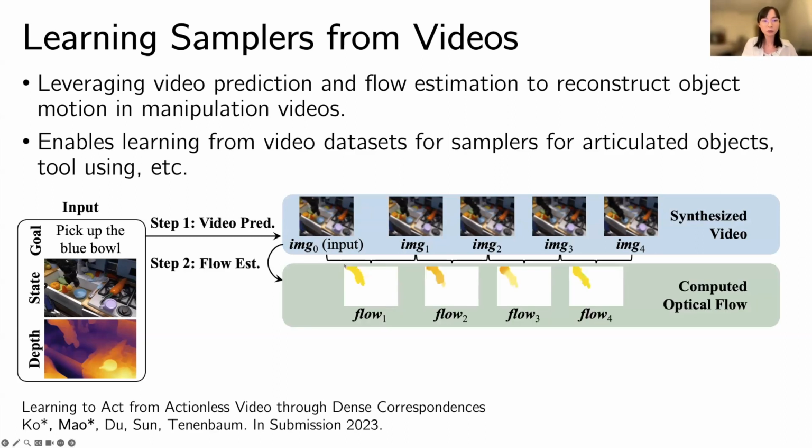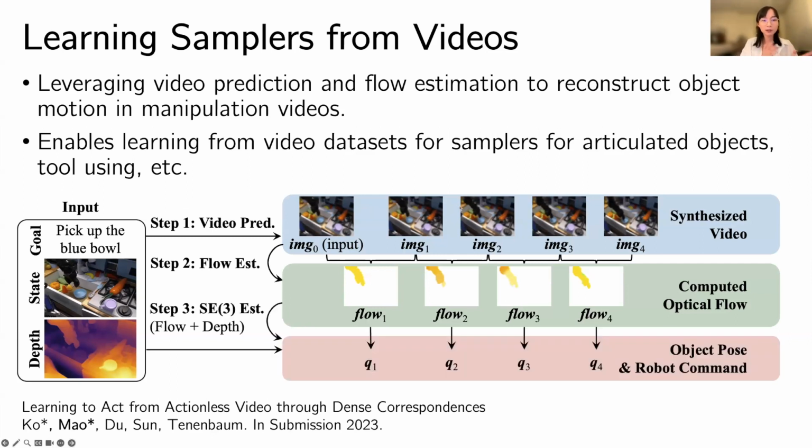Second, we apply an existing optical flow estimation model to reconstruct the object motion in the synthesized video. Finally, we combine the synthesized flow and the depth map to reconstruct the human pose trajectory in this video, and based on that, we solve for robot commands by using inverse kinematic solvers or RRT planners.